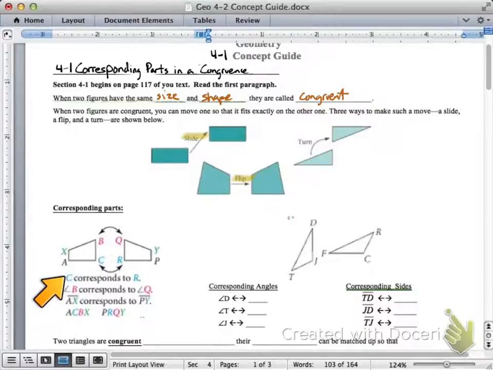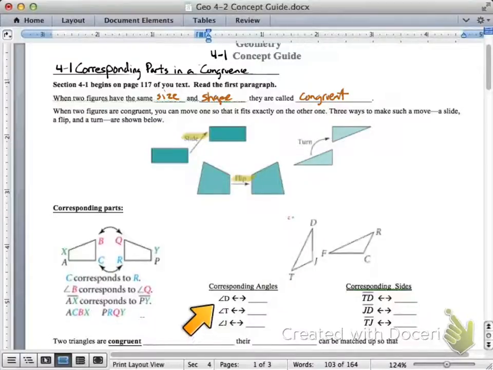We can talk about points corresponding, angles corresponding, segments, the sides corresponding. AX corresponds with PY. And we can even say this polygon ACBX corresponds with PRQY. So over here we have congruent triangles.